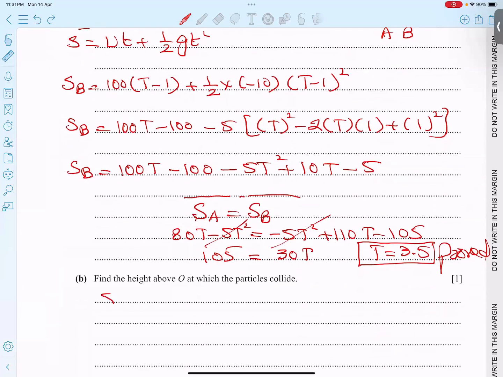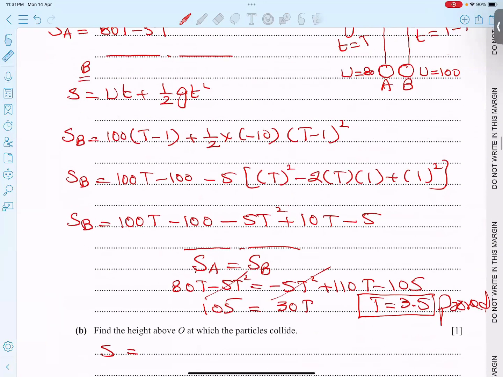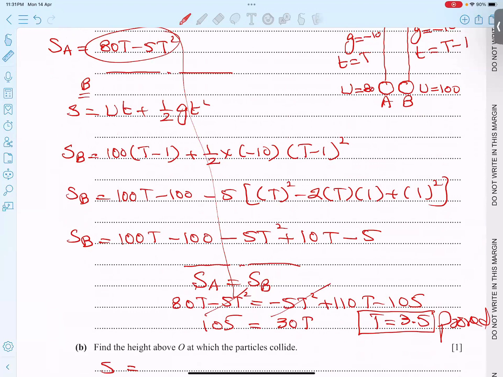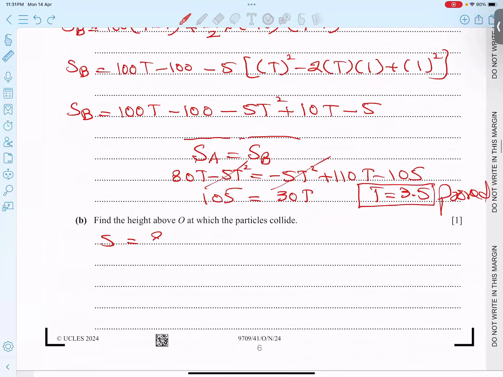So the height gained by A: I have 80t minus 5t square, with t as 3.5 here and 3.5 here. So I multiply 80 times 3.5, minus 5 times 3.5 square.